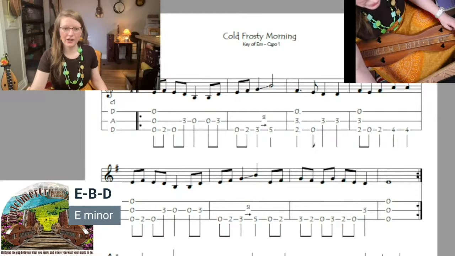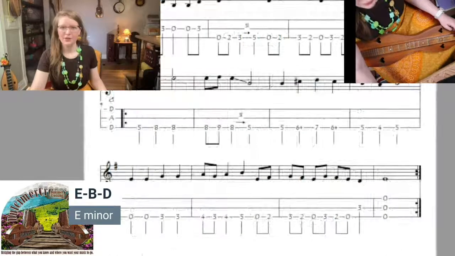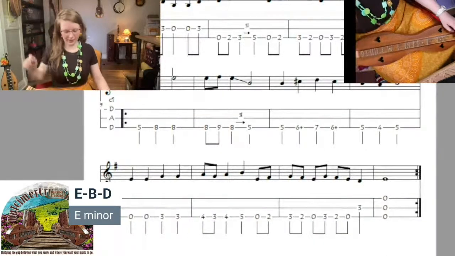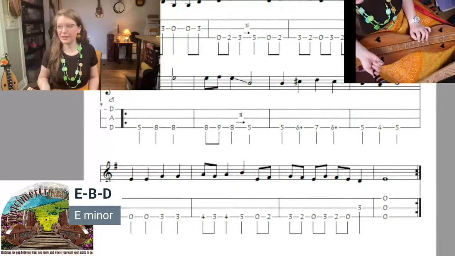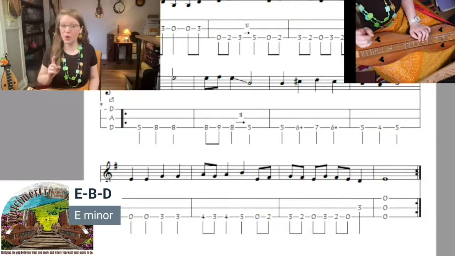Now the B part is going to be mostly unchanged because it was in the higher fretted notes anyway. So when we play this B part here, we're just going to play what's written, except remember the zeros are all ones.